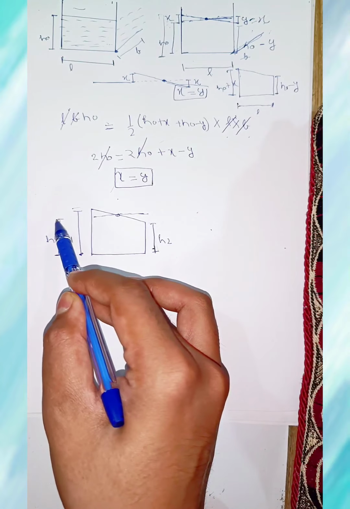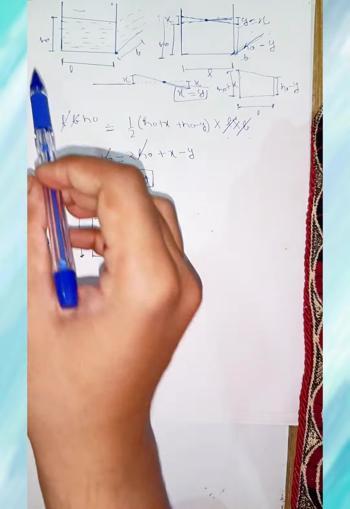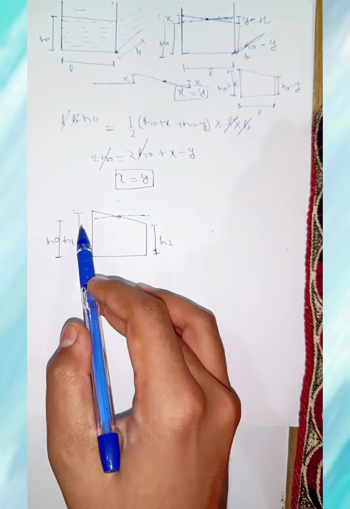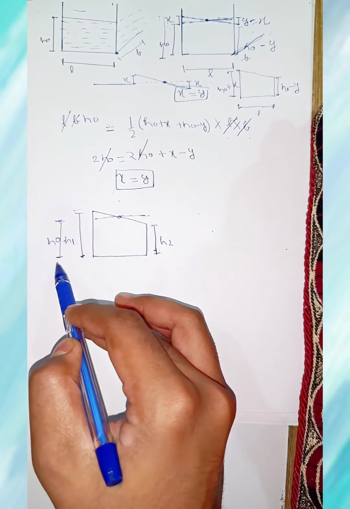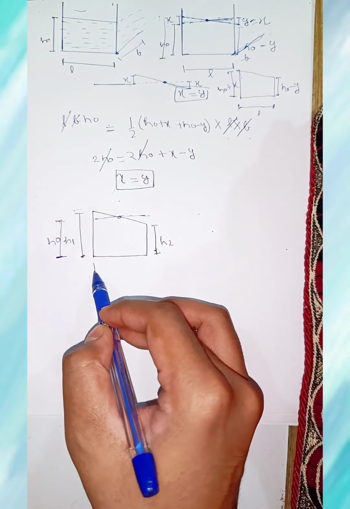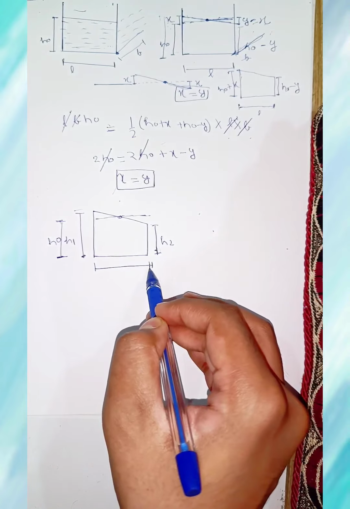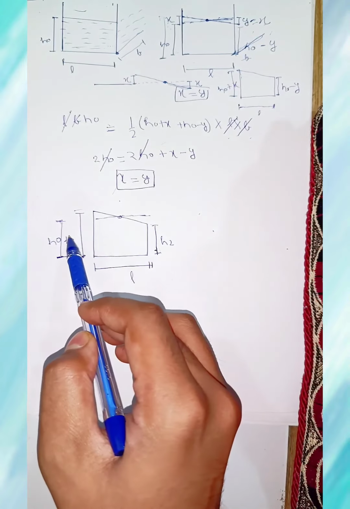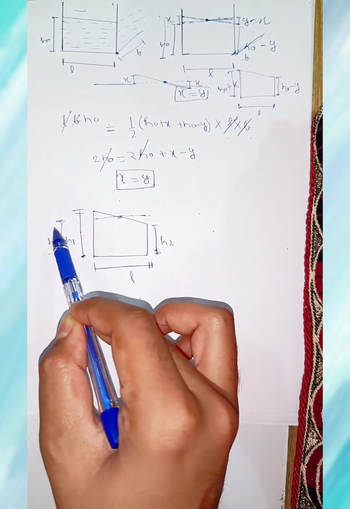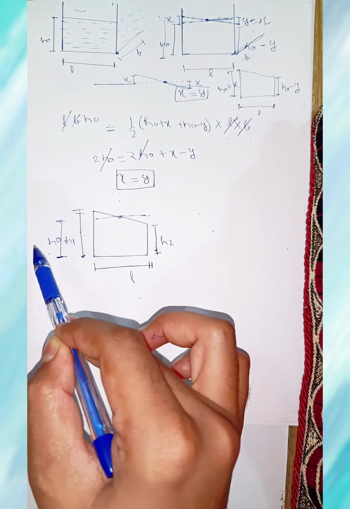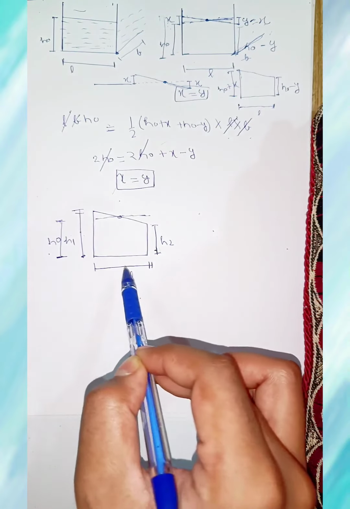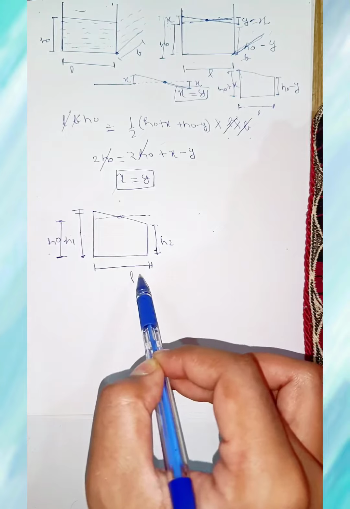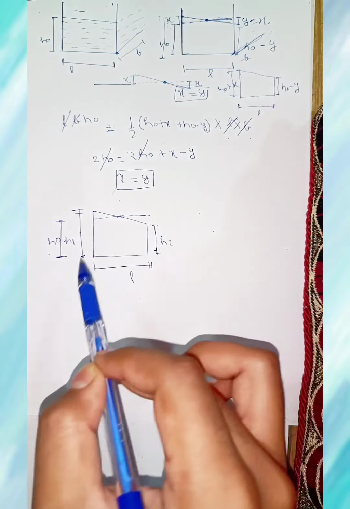Suppose the earlier length when the vessel was at rest was h0 only, and this base length is L. So we have to express this height h1 in terms of this earlier length of water and the length of the base, and similarly h2 also.